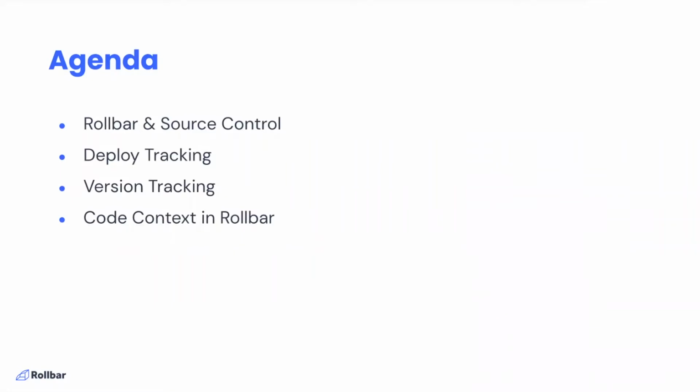Then we'll talk about version tracking, a feature that's available to folks on the advanced and enterprise plans. And then we will look at the code context feature in Rollbar. We'll look at that in depth, and I'll demo how to get that set up to properly show the git blame and the code context that you get from that integration.